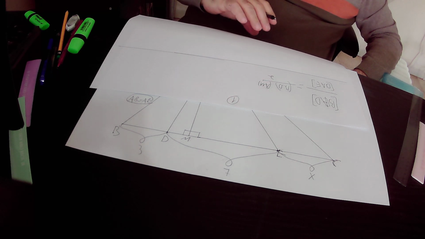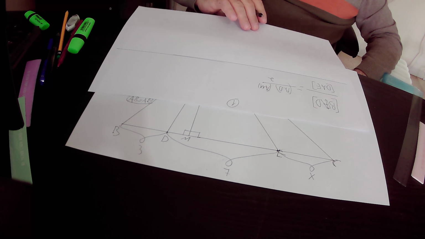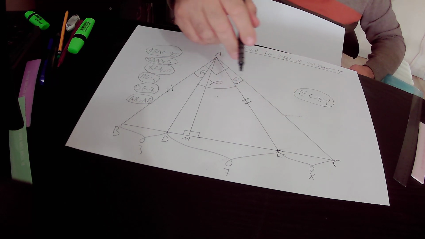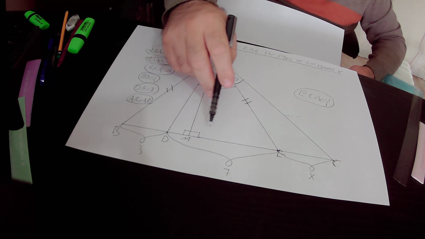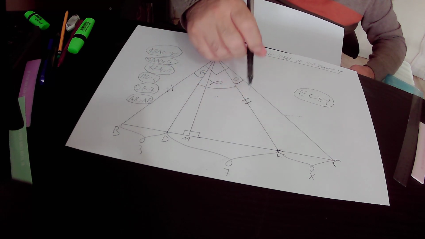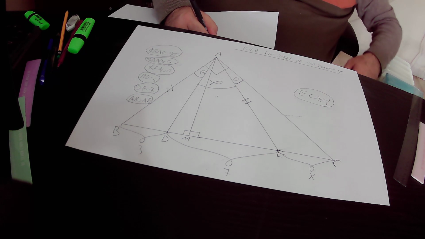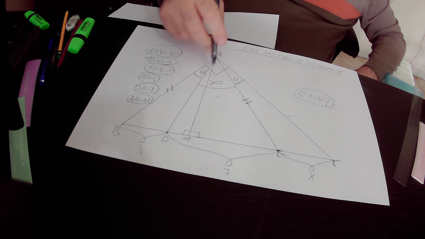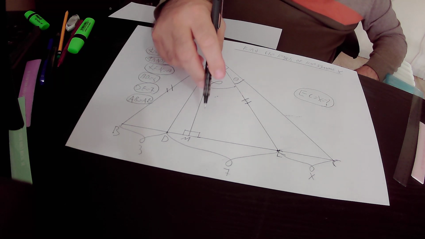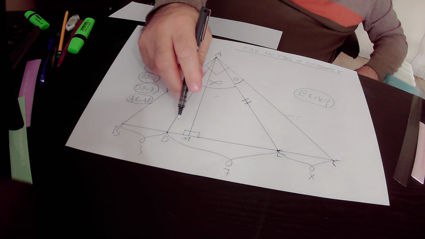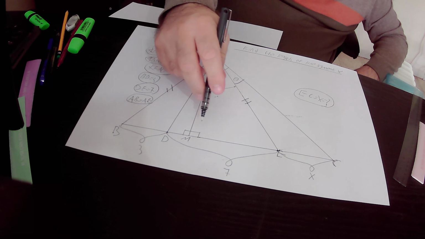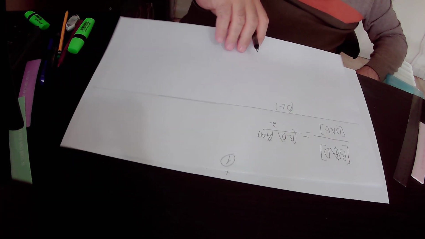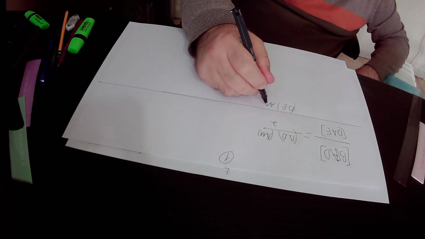And what is the area of triangle DAE? This triangle equals the base DE times the height to the base. AM is the height to the base because it creates 90 degrees with the base DE, so the height is AM over 2.